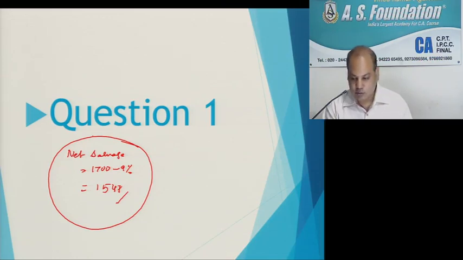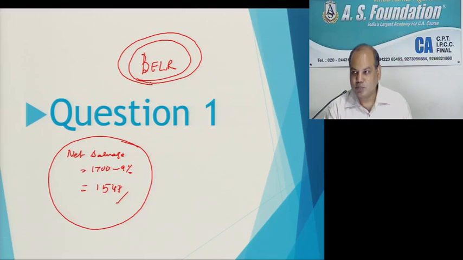You are required to compute the annual lease rental payable by ASF Limited, which will result in indifference to the loan option. So we have to find break even lease rental, that lease rental at which PV of cash outflow under both the options are same.